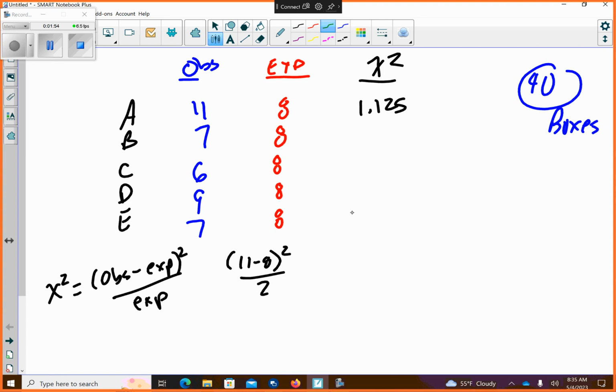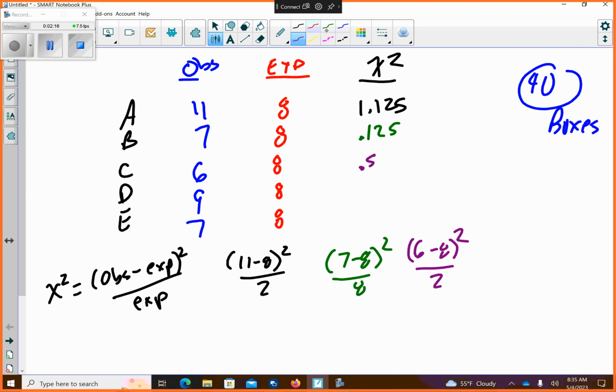And then 7 minus 8 quantity squared divided by 8 gives me 0.125. And 6 minus 8 quantity squared divided by 8 gives me 0.5.